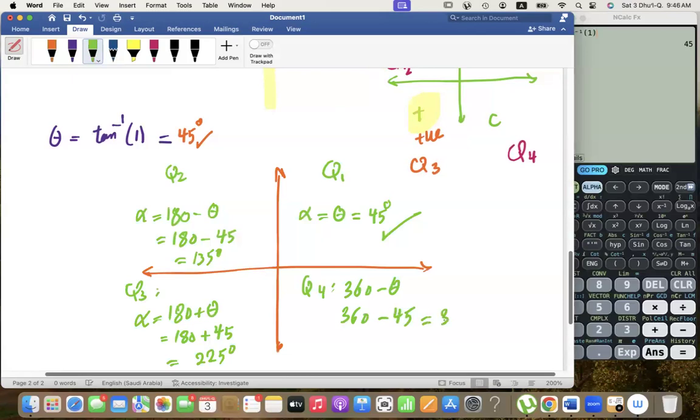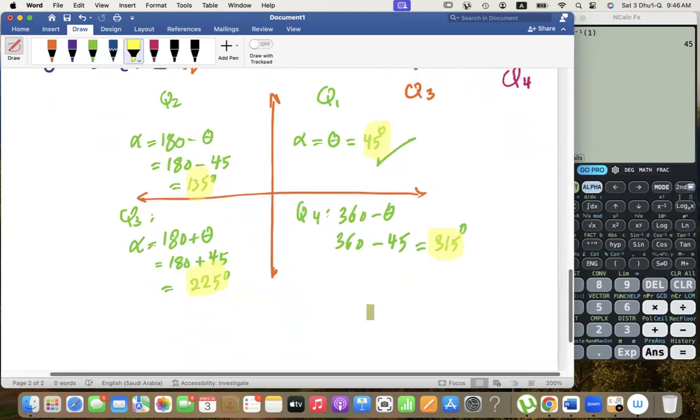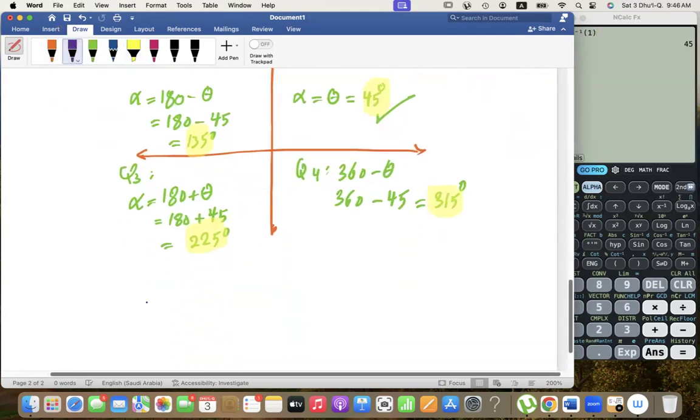So it is 315 degrees. So we have 4 answers: 45, 135, 225, and 315. These are my solutions. So our solution set for this equation is 45, 135, 225, 315 degrees.